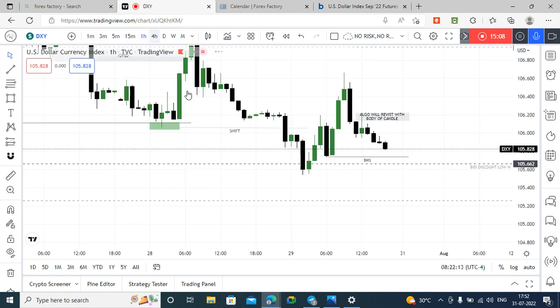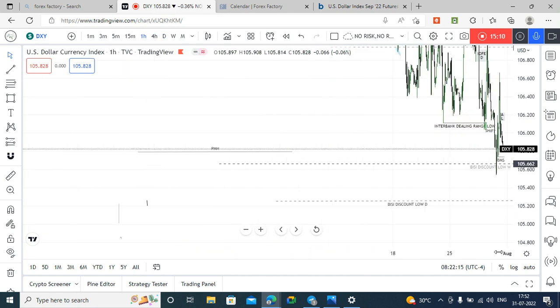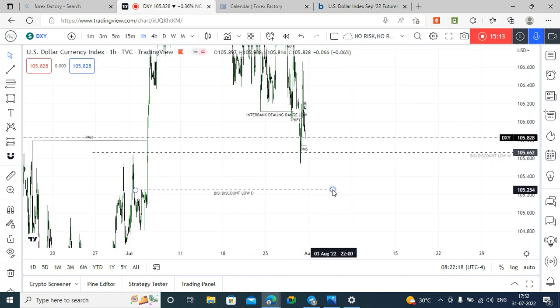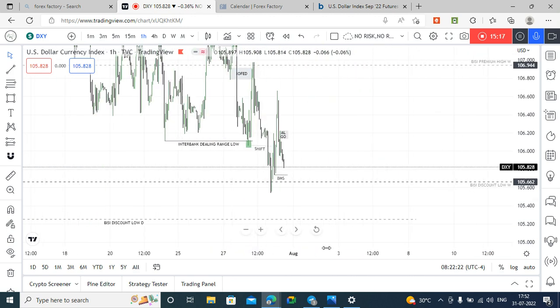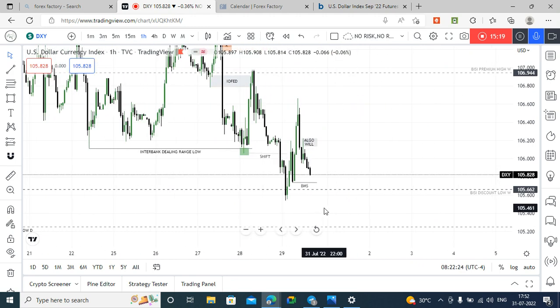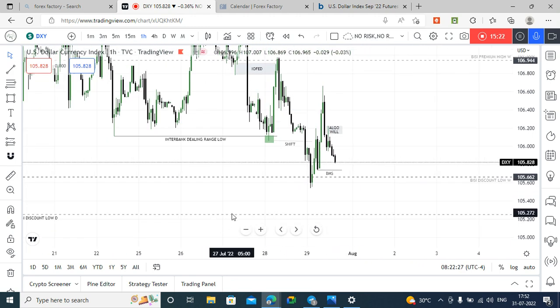Okay, so in the 1 hour, this level is our short term draw on liquidity for us.